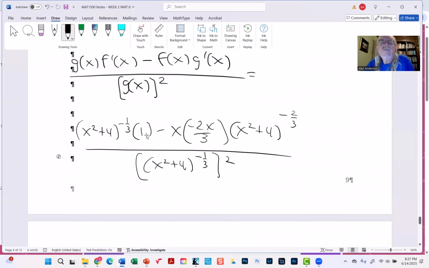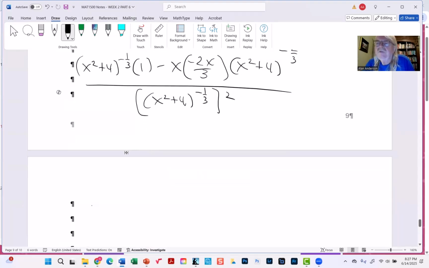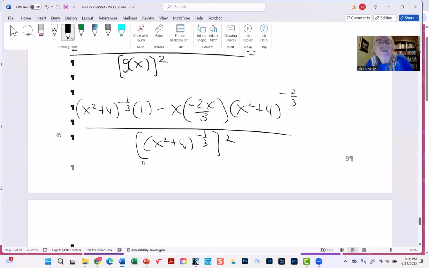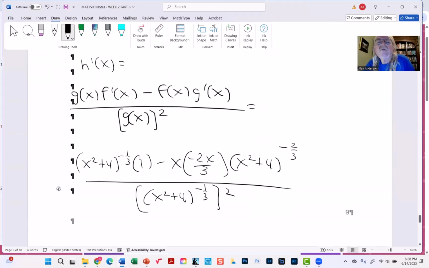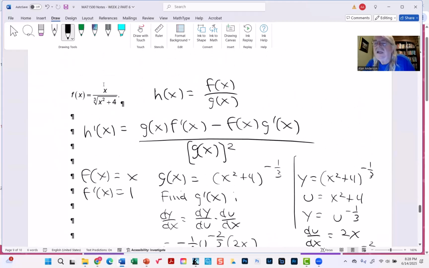Yeah, you know what, we'll just leave it like this. We could be here all night rearranging it algebraically, but this is it. So the only reason this was such a mess is because g prime of x requires the chain rule, and the result is very messy. Other than that, it's exactly like any other example of the quotient rule that we've ever seen.